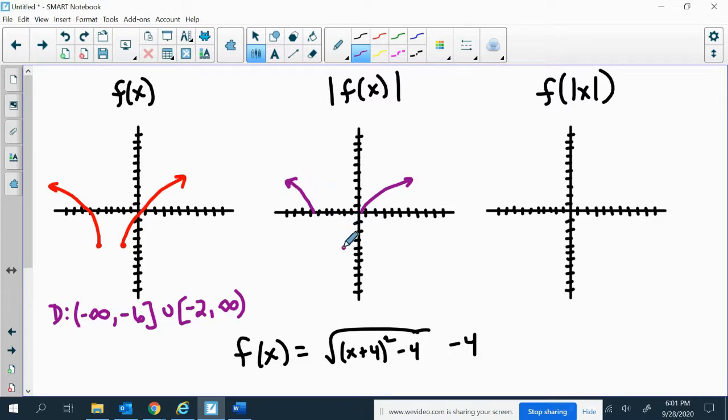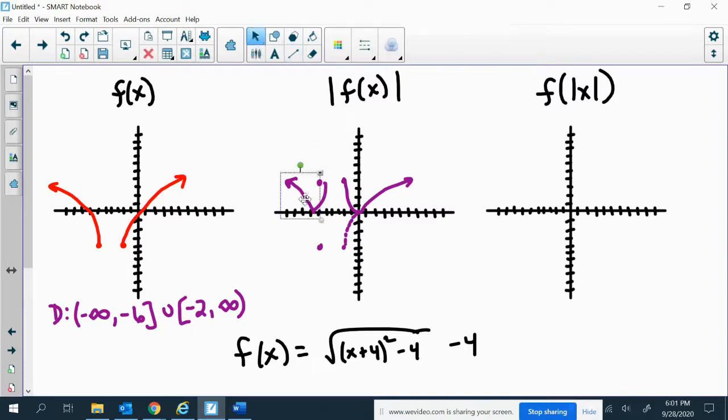But we used to have (-2, -4) and (-6, -4) over here. Well, those are going to get reflected up, so I'm going to be at (-2, 4) and (-6, 4).